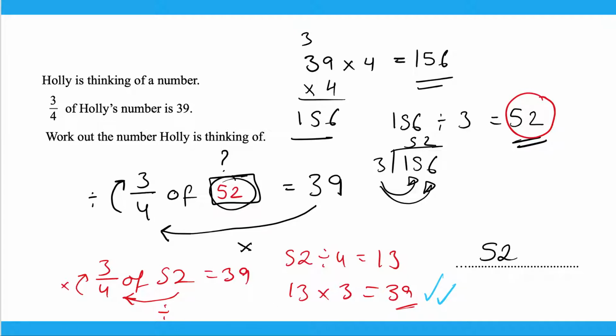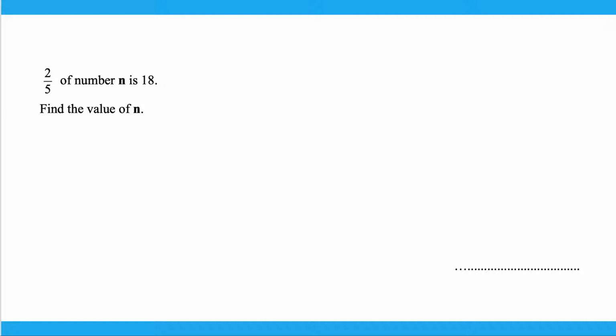Okay, another question. 2/5 of a number n is 18. Find the value of n. So we have 2/5 of a number, which is n, is 18. Remember, we don't know this number. What is the value of this number?